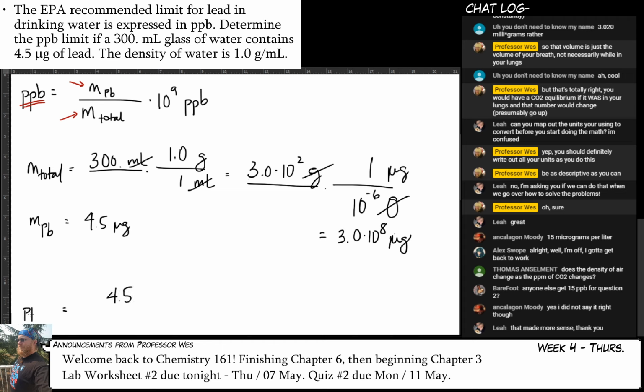So the parts per billion of the solution would be 4.5 micrograms over 3.0 times 10 to the 8 micrograms, which is the mass of the water, times 10 to the 9 parts per billion.